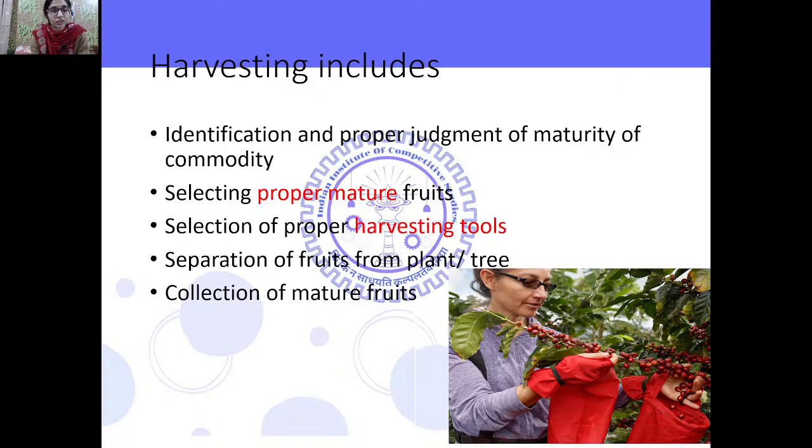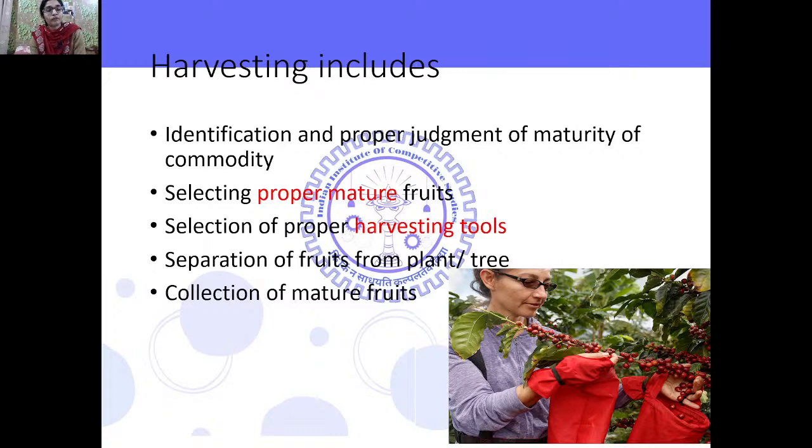In harvesting, there are two or three things we have to be very careful about. Maturity: at what maturity stage we should pluck, we should do the harvesting. For what kind of fruit we should use what kind of tool, right?